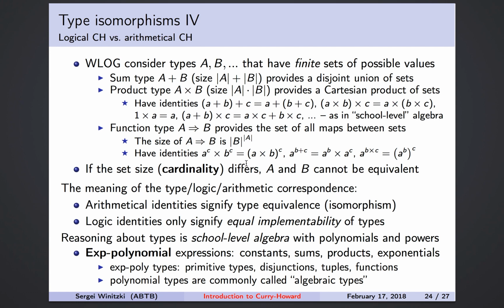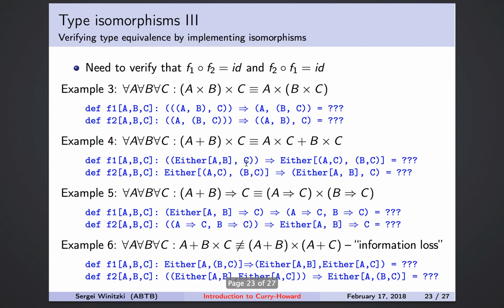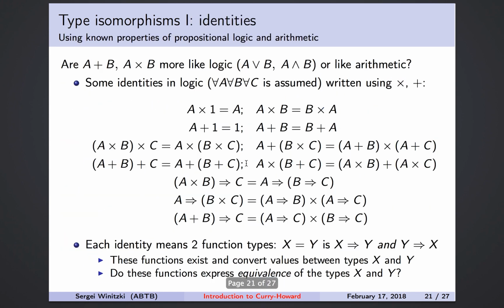Therefore, if you look at types and write them using my preferred notation, which is using the arithmetical symbols instead of logical symbols, so instead of these, I use these symbols, if I do that, this is very suggestive of a possible isomorphism of types. Then it becomes very easy for me to reason about types.